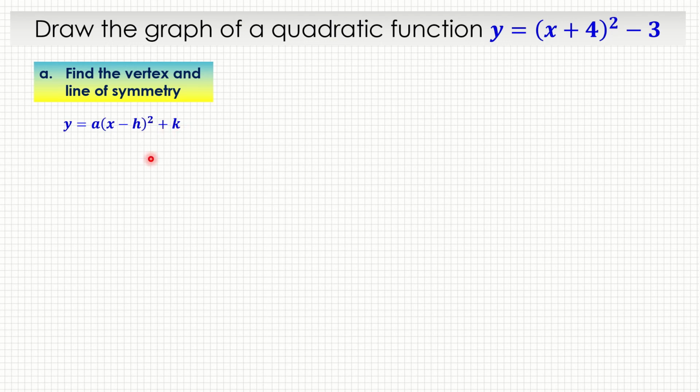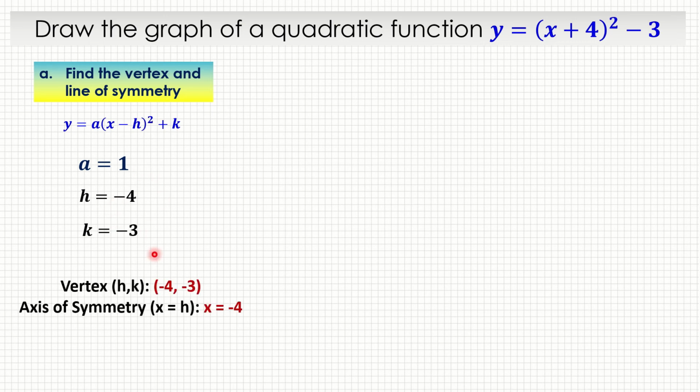Let us identify the values: a is positive 1, h is equal to negative 4, and k is equal to negative 3. Since a is positive and greater than 0, our graph should open upward. The vertex is at negative 4 and negative 3, and the axis of symmetry is equal to negative 4.